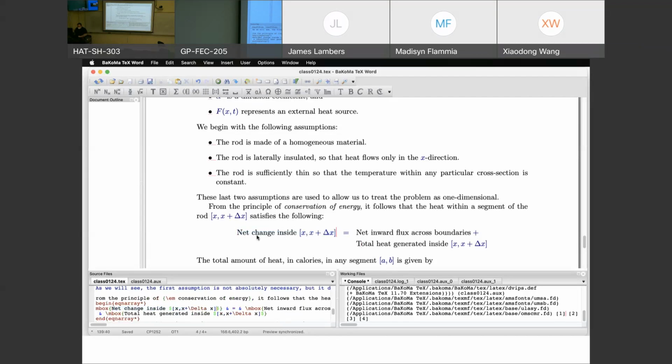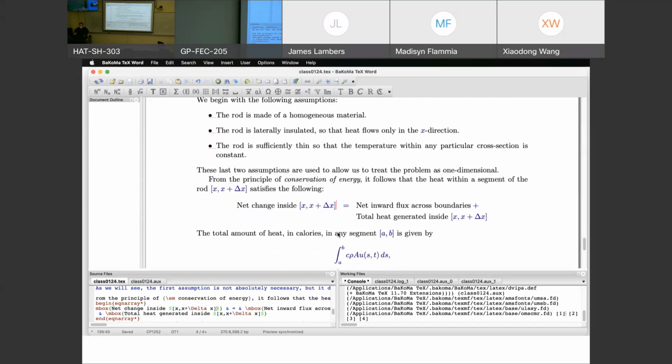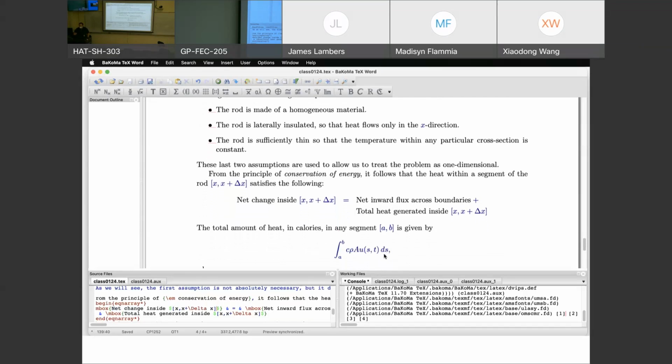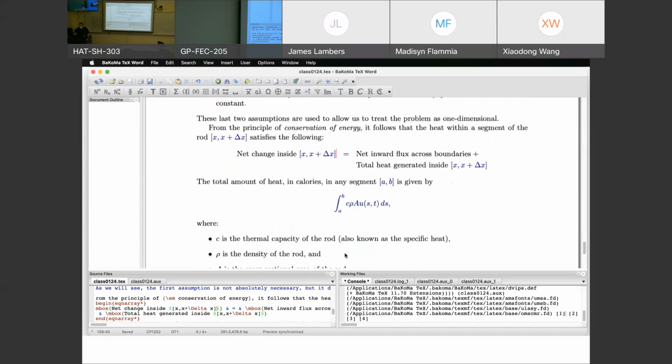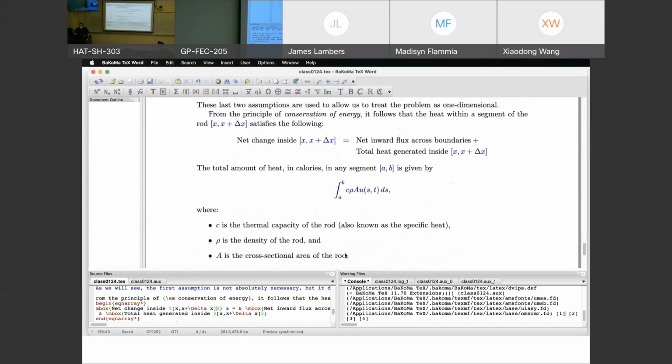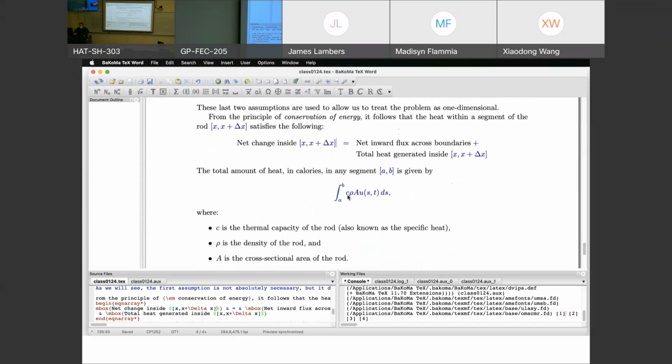So how do we describe the amount of heat in some segment of a rod as this integral? So here we have specific heat, which is a term that I don't think I've ever heard since my 8th grade science class.